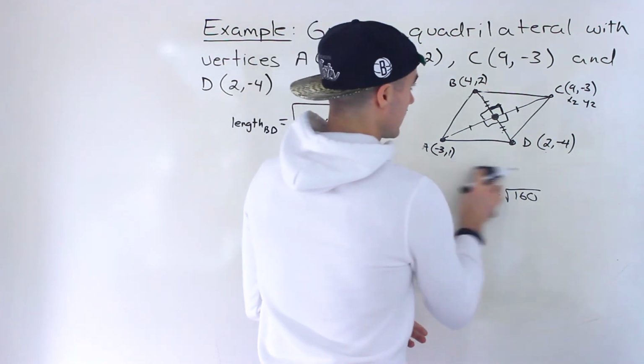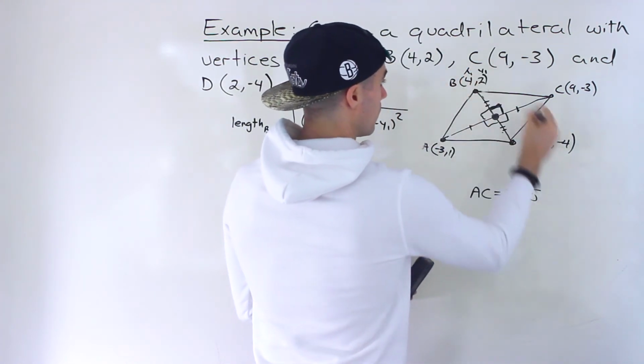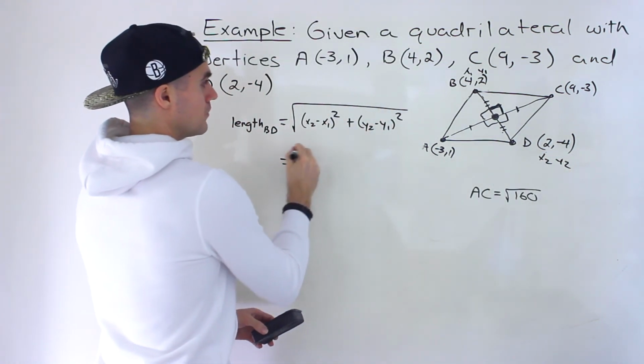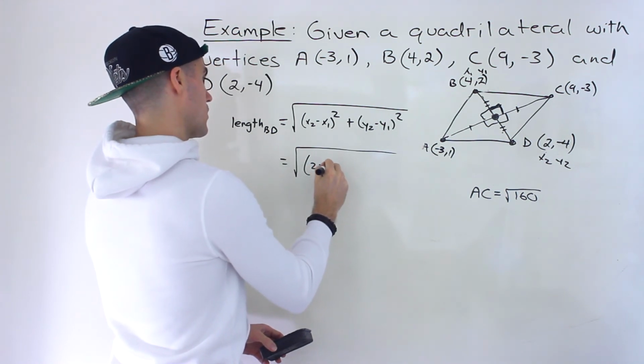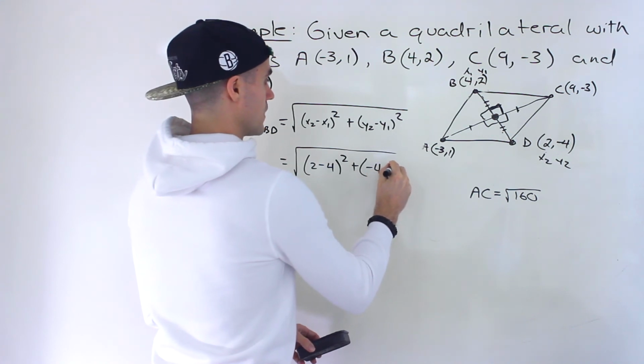Okay, so if we label that x1, y1, x2, y2, we'd have x2, which is 2, minus x1, which is 4, plus y2, which is negative 4, minus y1, which is 2.